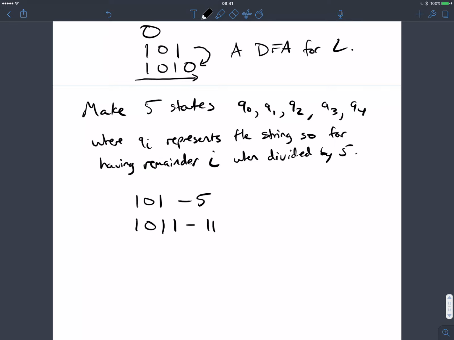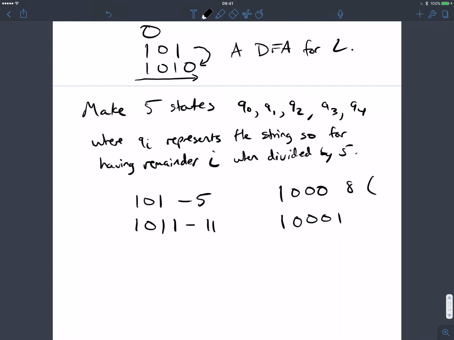What about the remainder? It started off with 0 remainder because 5 divided by 5 has remainder 0. Multiply by 2 and add 1. Without brute force calculating 11 mod 5, what is 0 times 2 plus 1? 1. So you know the remainder is 1. What if I had 8, so 1000, and I read a single 1? This was 8.